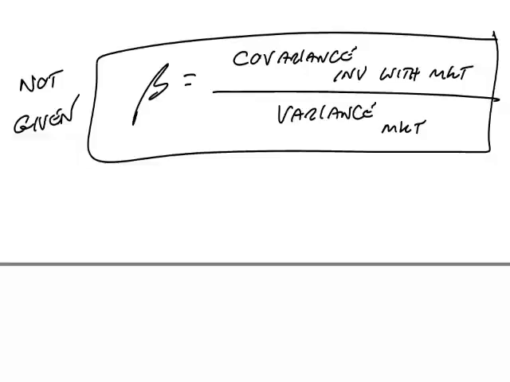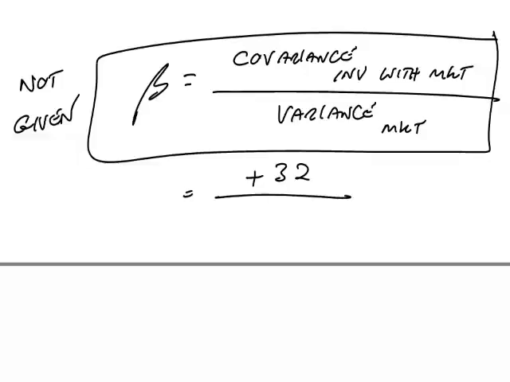If he ever did, I've said he can't ask you to work out covariances and variances. He would have to give you them. Well, it says, what's the beta of R? The covariance of the returns from R with those from the market is plus 32. Yeah? The beta is the covariance divided by the variance of the market.